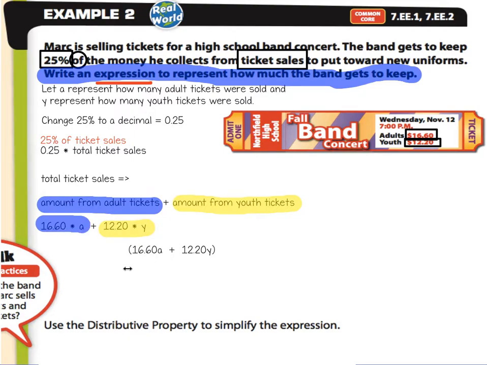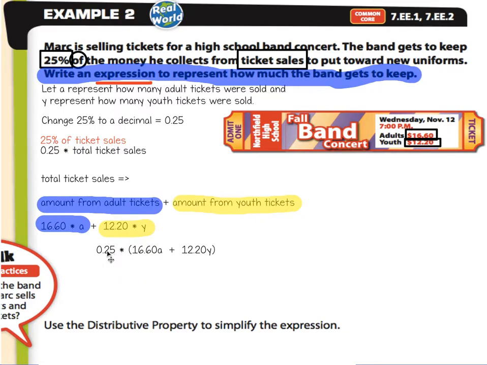But once we add those two things together, what we have to remember is he only gets 25% of that. So we have to multiply all of that by 25 hundredths. However, we have to add that together first, so we have to figure this out first before we can find the 25%, which is why we would put it inside of parentheses.